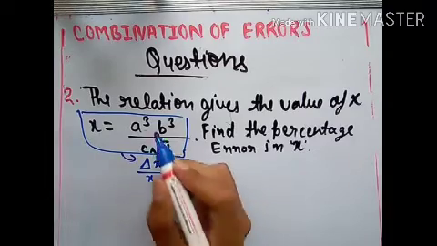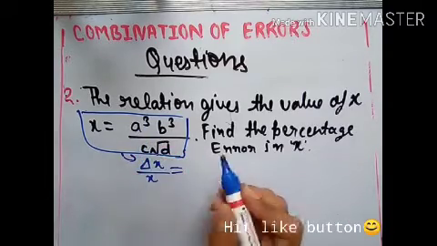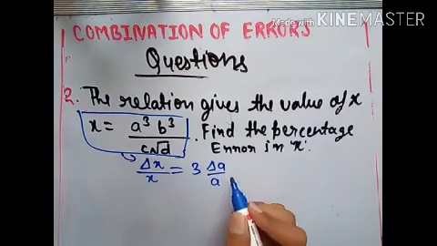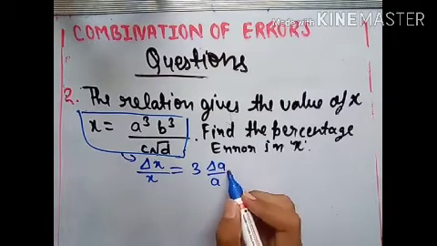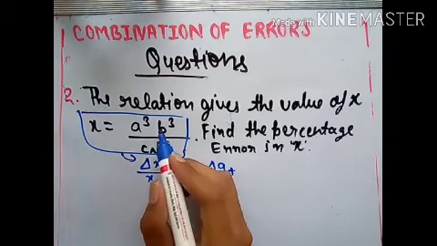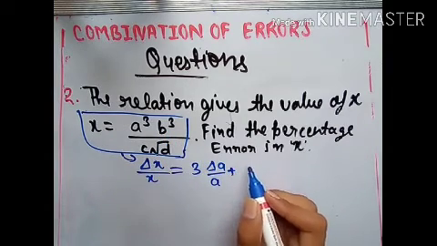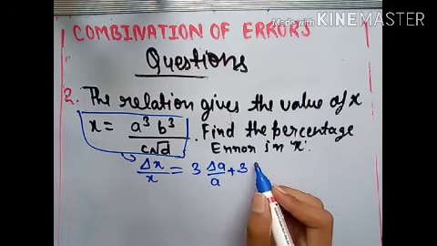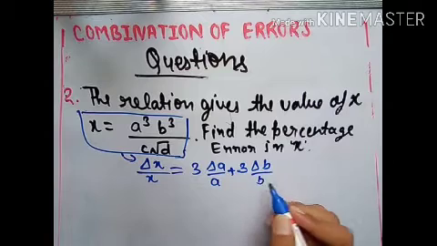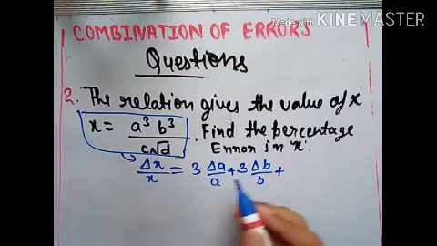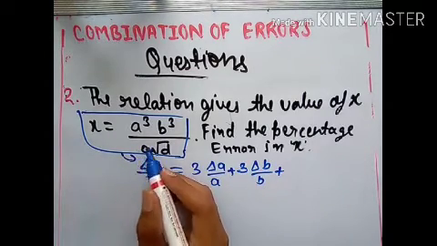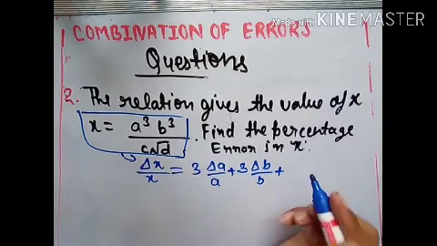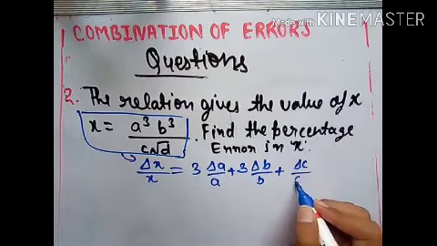So let's do it. Look at a cube. For a cube you will write it as 3 delta a upon a. This is again the relative error in a. Put a plus sign. Thereafter b cube. For the b cube you will write again 3 delta b by b. Put a plus sign, no matter it is in divisible form because errors are adding. c delta c upon c and plus.